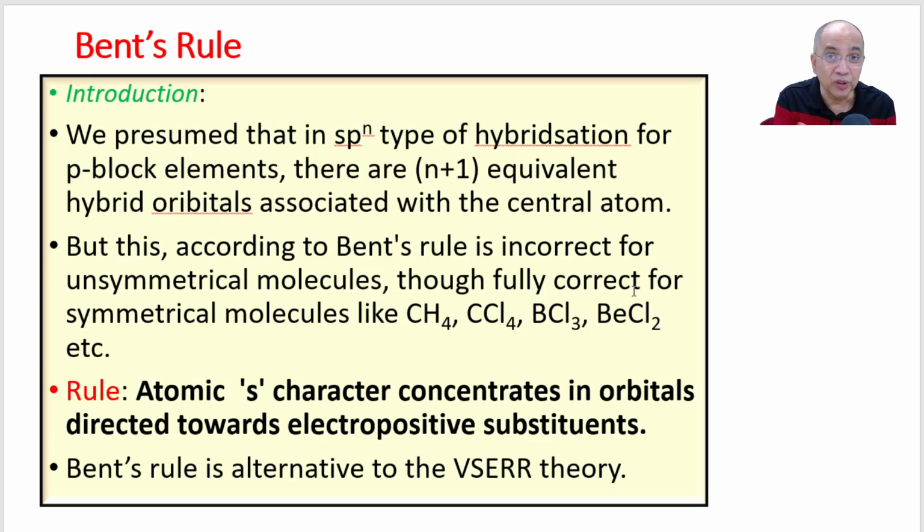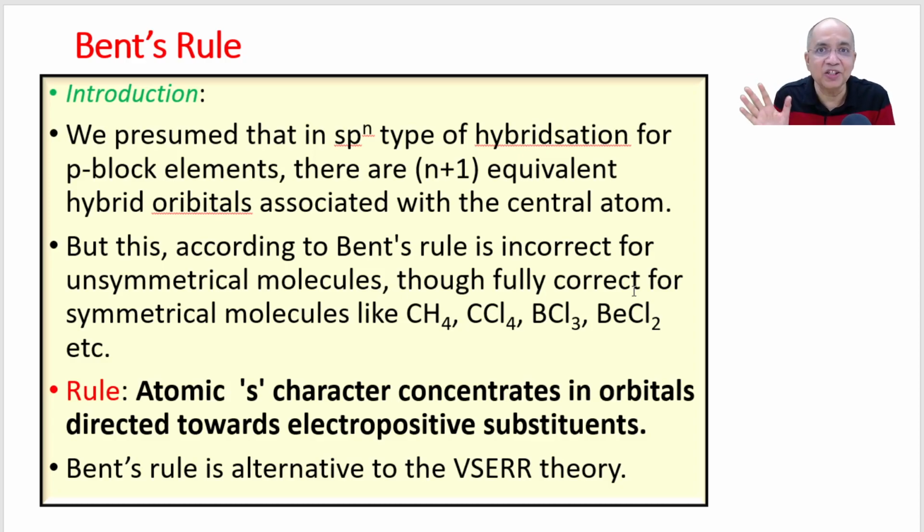I remind you, in sp3 hybrid orbitals, we calculate 25% s character and 75% p character possessed by each hybrid orbital. In sp2, 33.33% of s and 66.67% of p. And in sp, 50-50.